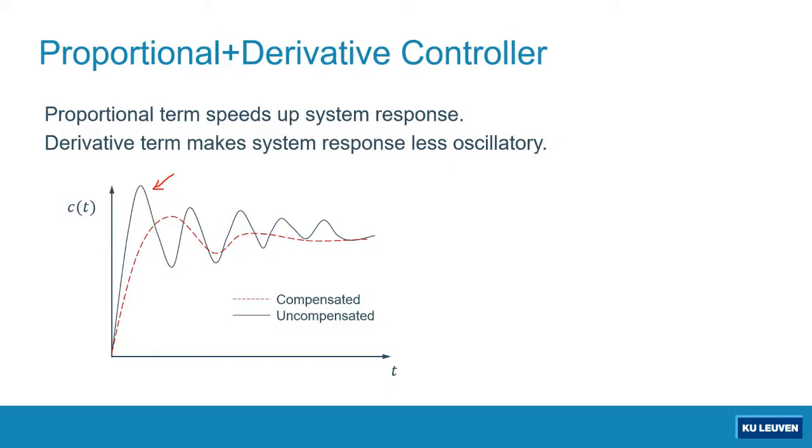As you can see here, the uncompensated system has a more oscillating response. If you want to reduce the oscillation and you want to have a less percent overshoot in your response, it is a good choice to use a PD controller. At the end, your system will be less oscillating.